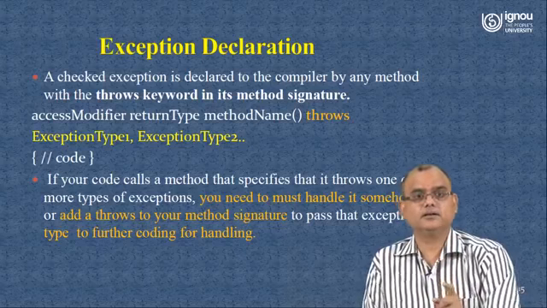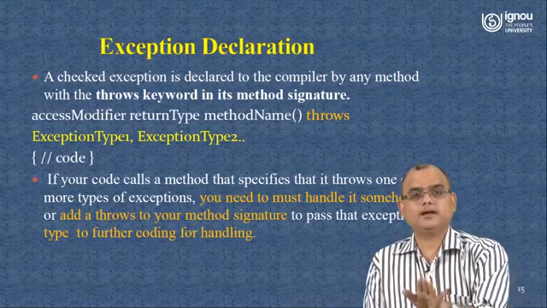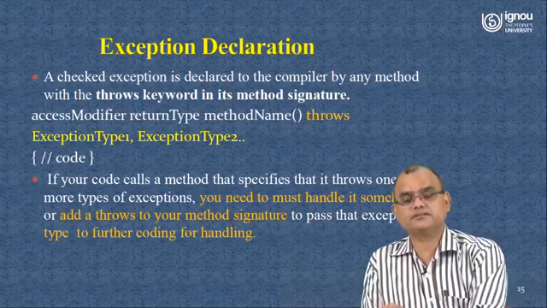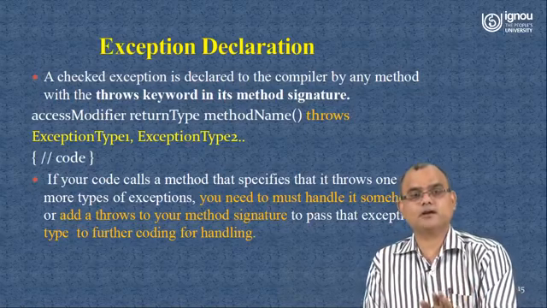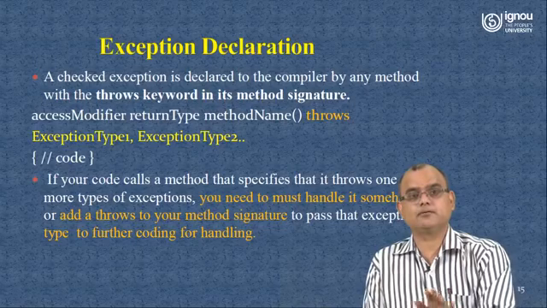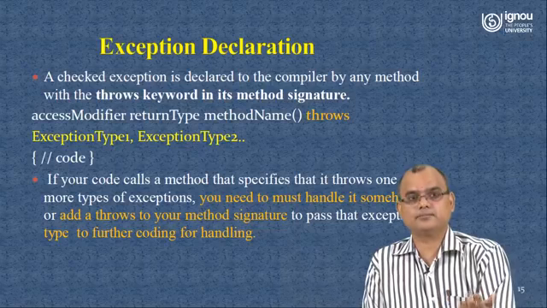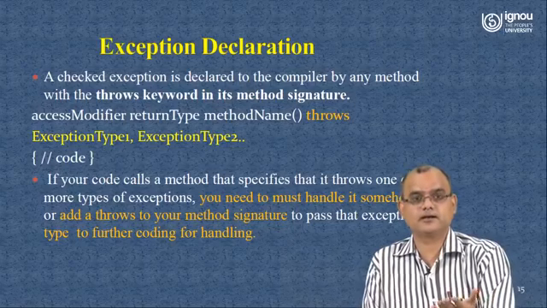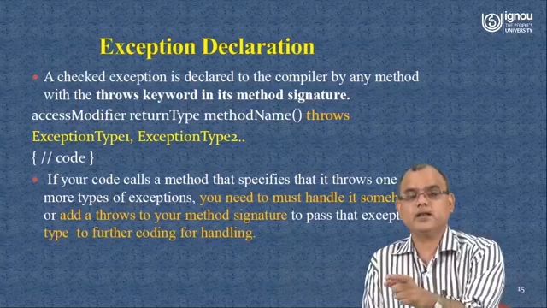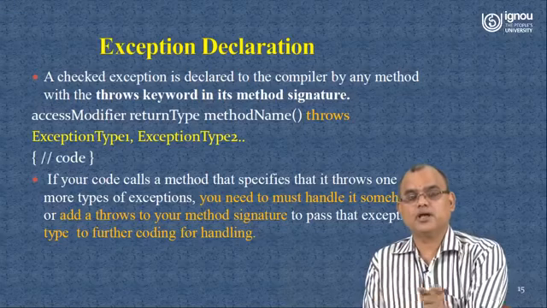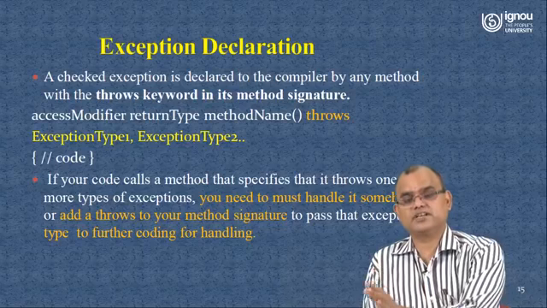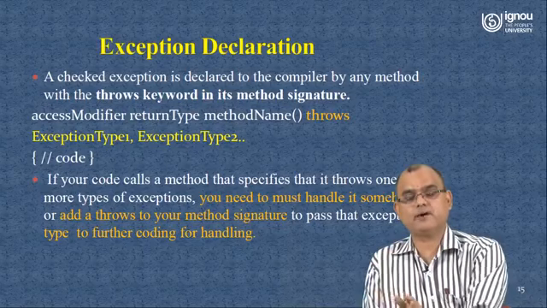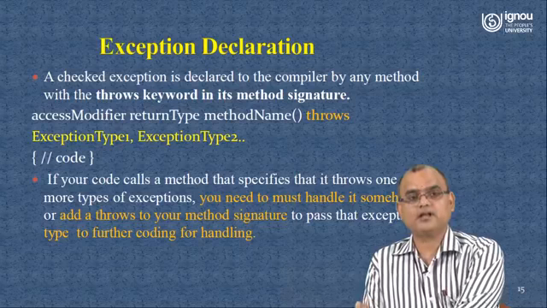Now here see, if that particular exception is a checked exception, checked means that we can write our own code to handle it. So if we are going to create, let us say, our own method, then it will have its access modifier, then the return type, then the name of the method, then the throws clause will be used, and then the names, or the types, of those exception classes will be written here, comma separated.